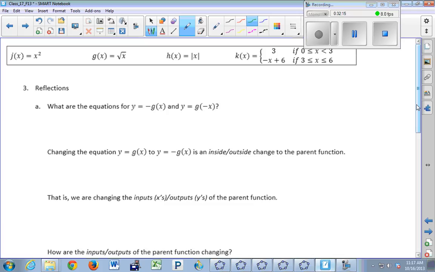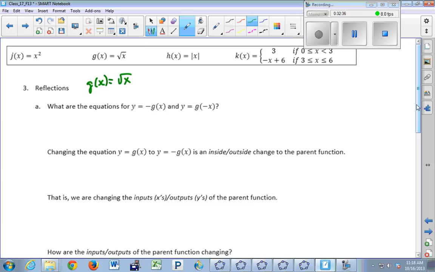So anytime I'm looking at an even root, I have to be careful of making sure my domain is defined. Now, our domain for g of x equals the square root of x is what we say an implicit or an implied domain. We know we can't take the square root of a negative number.